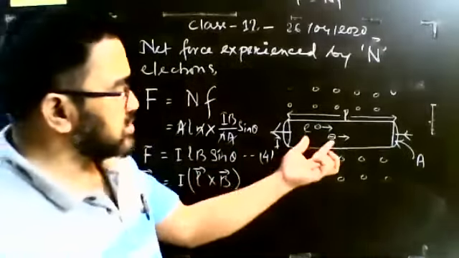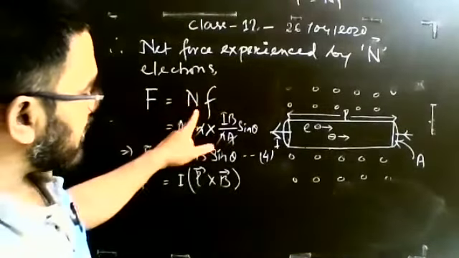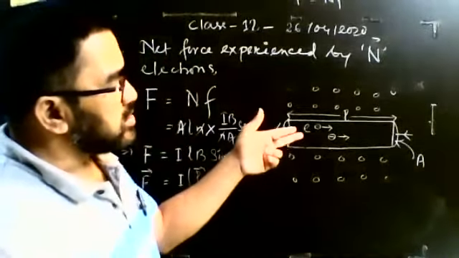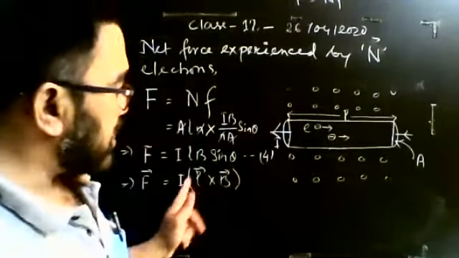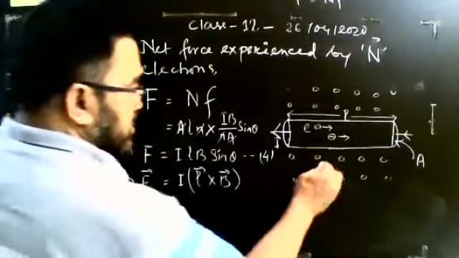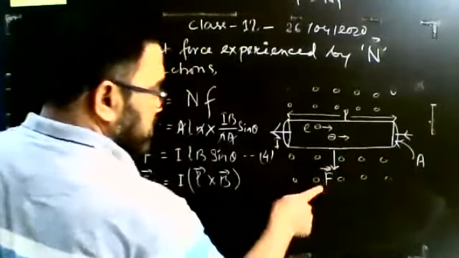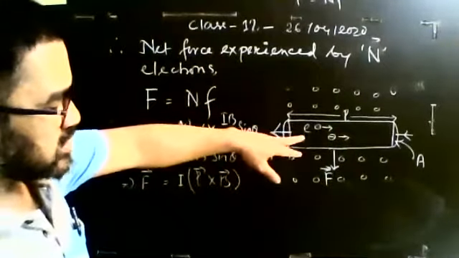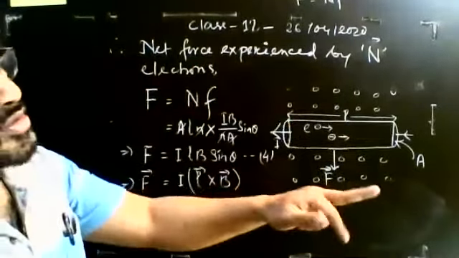This conductor consists of capital N electrons, and all N electrons experience the force. That is why, as a whole, the conductor will experience this amount of force in a direction given by Fleming's left hand rule. In this case, the combined force experienced by all electrons will be in the downward direction, given by Fleming's left hand rule.